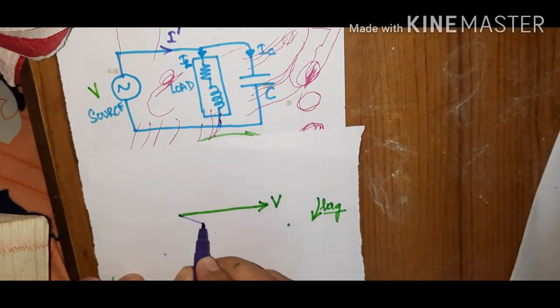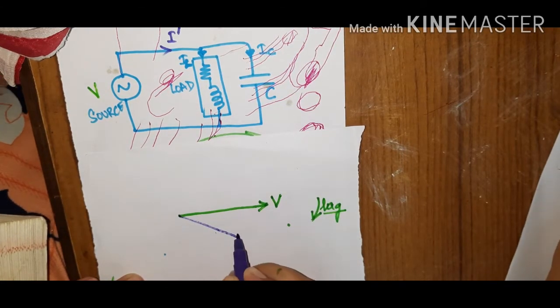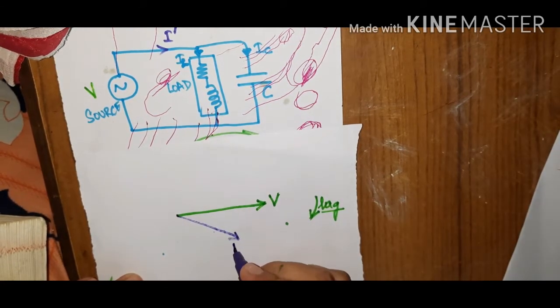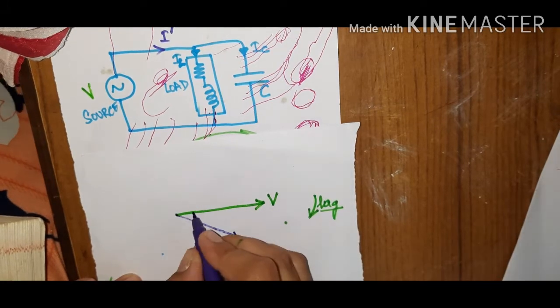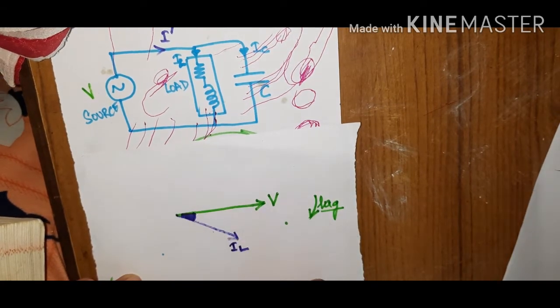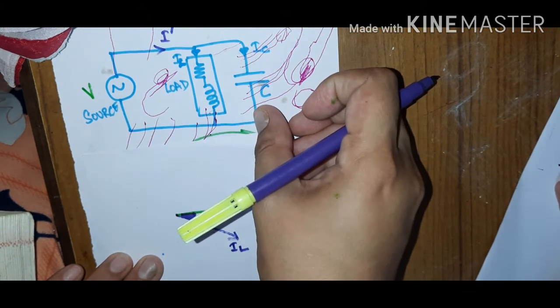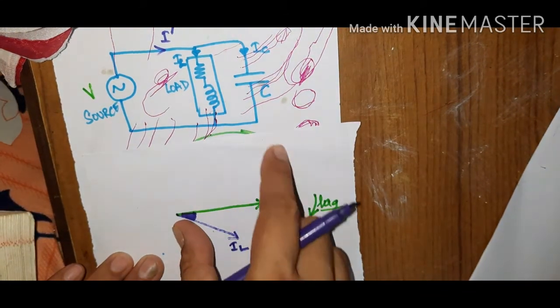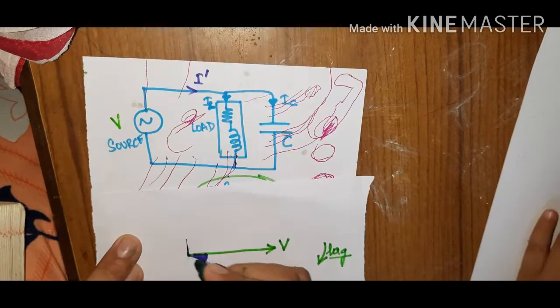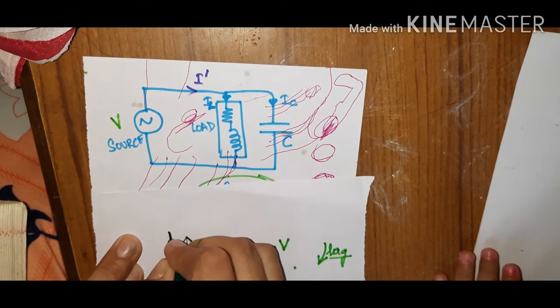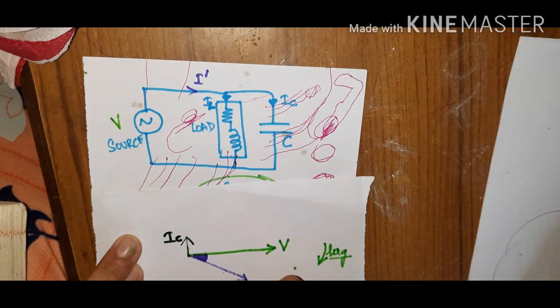So somewhere over here, say we have this IL. Okay, so this is the phase angle, that is phi L. The current flowing through the capacitor is going to lead the voltage by an angle of 90 degrees. So we draw the current flowing through the capacitor, that is IC.